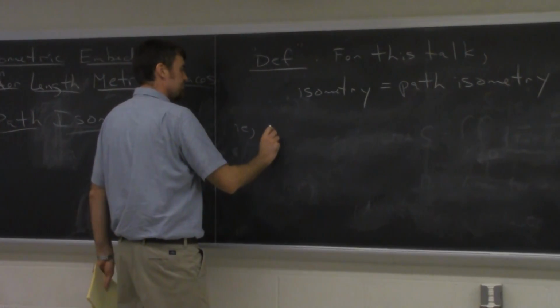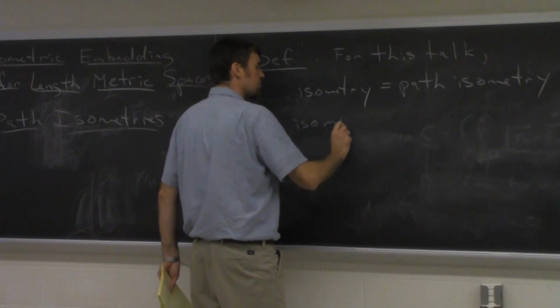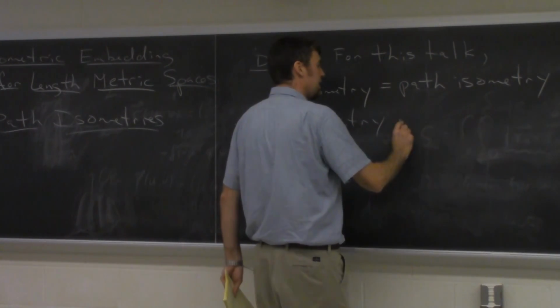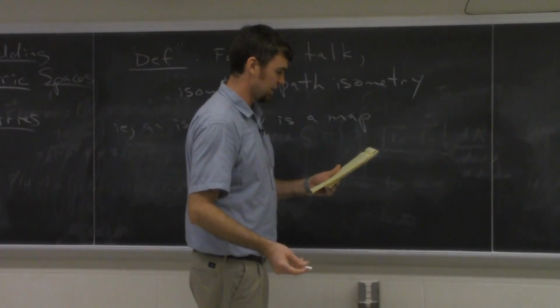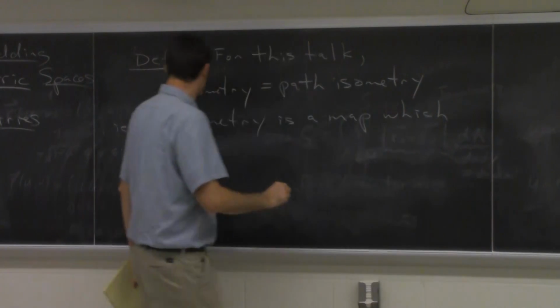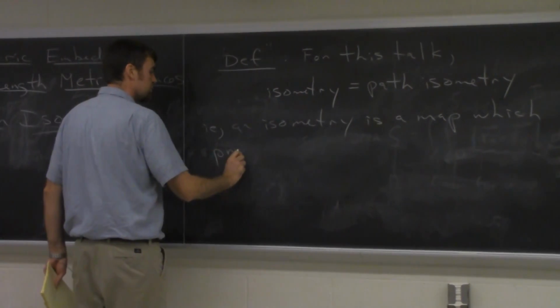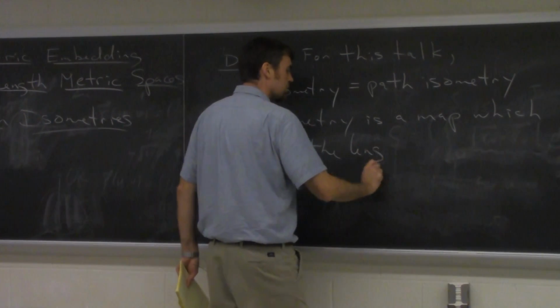I.e., an isometry for this talk, and I'll explain the difference in a second, is a continuous map which preserves the lengths of paths.